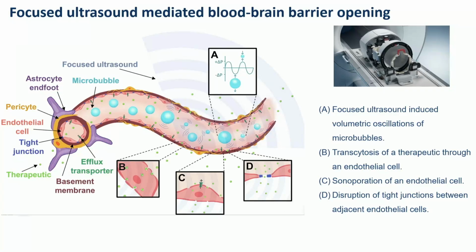And how that works is basically patients are injected with microbubbles, and then you focus the ultrasound beam in the area where you want to open up the blood-brain barrier. And then through the focused low-intensity ultrasound, you start to oscillate these microbubbles, and that disrupts the tight junctions, leading to a temporary breakdown of the blood-brain barrier that then closes.